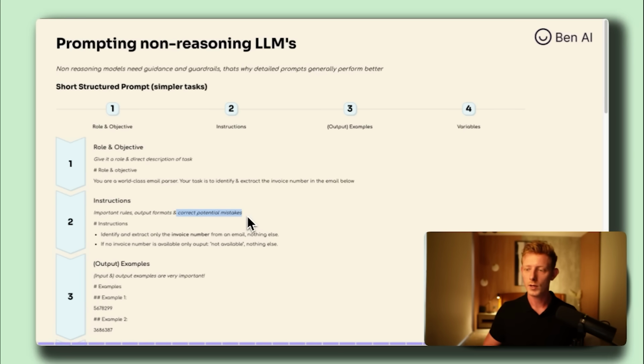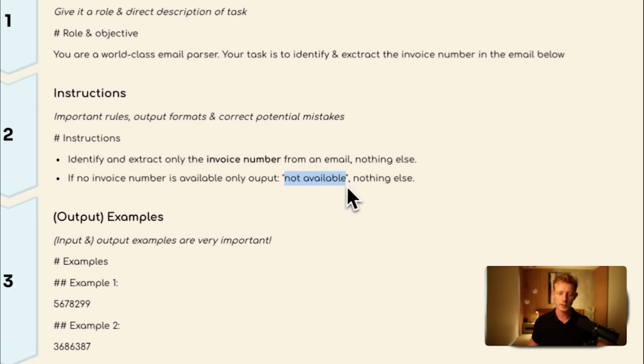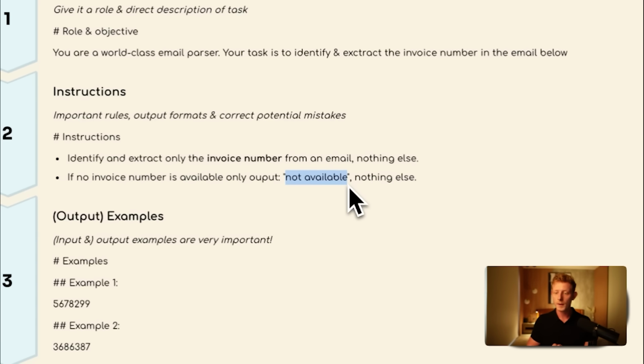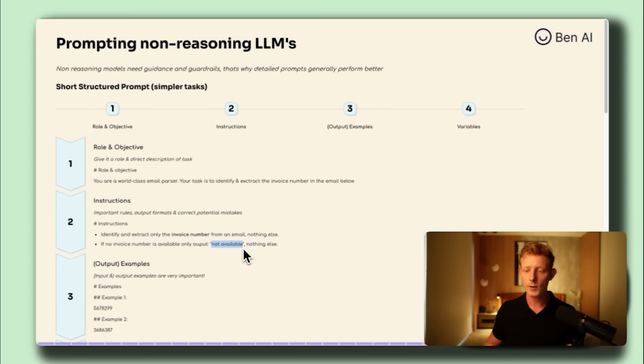And second of all, language models are very happy to make up content if we don't define what it should do if it doesn't have access to a specific data point, right? So it's always important to instruct what to do if something goes wrong, right? Because then we can also use this "not available," for example, as a filter or a router inside of our scenario to make sure that our automation doesn't break.